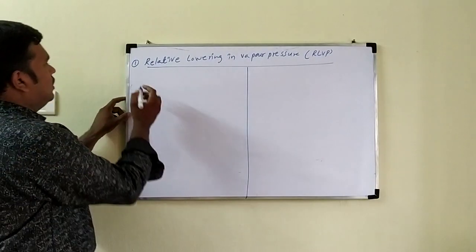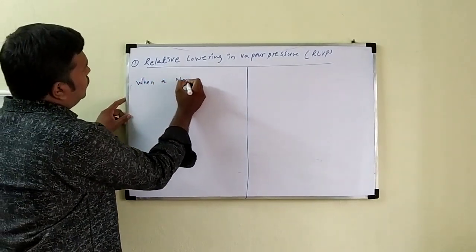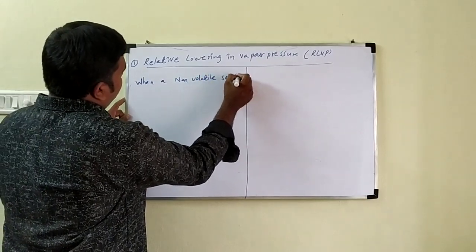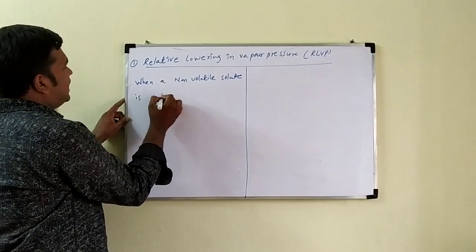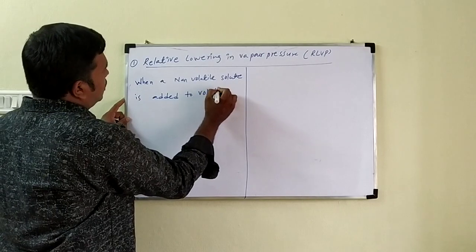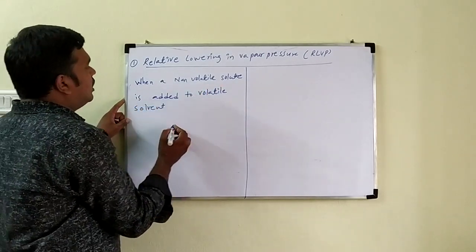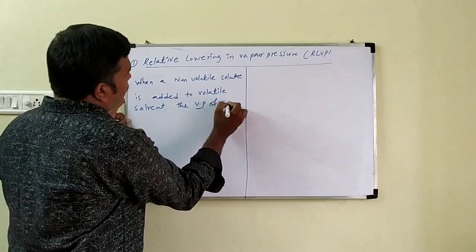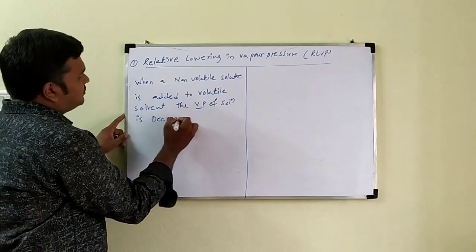So I write here, when a non-volatile solute is added to a volatile solvent, the vapor pressure of the solution decreases.